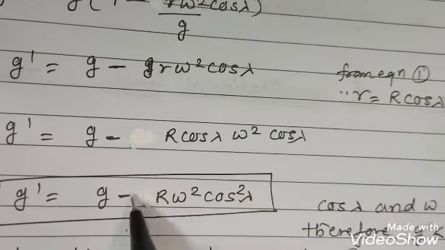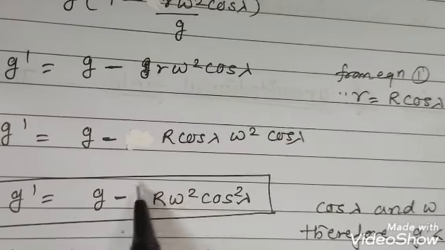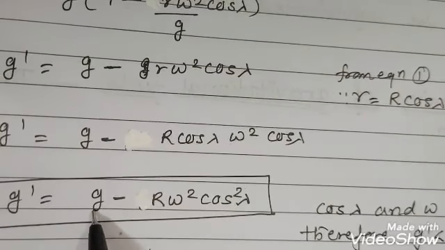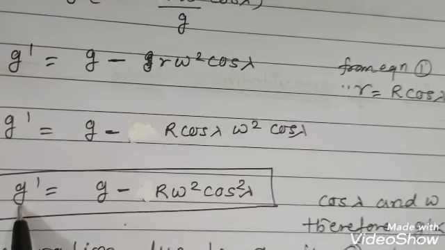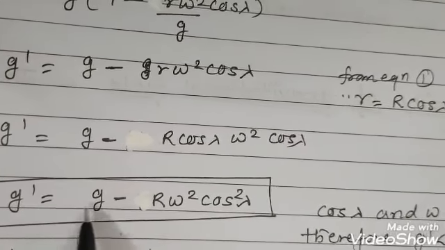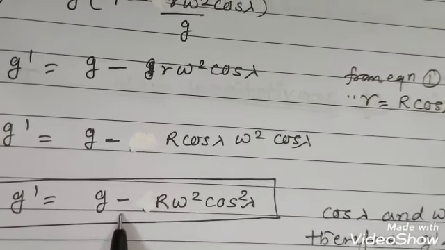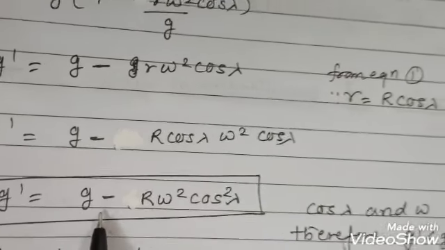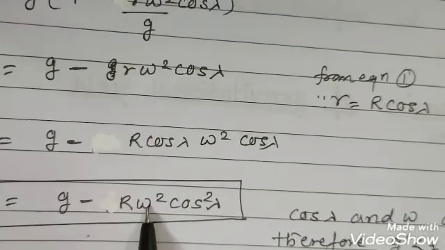So if the second term is subtracted from g, that means g' must be reduced. Therefore you will find that acceleration due to gravity decreases on account of rotation of earth.